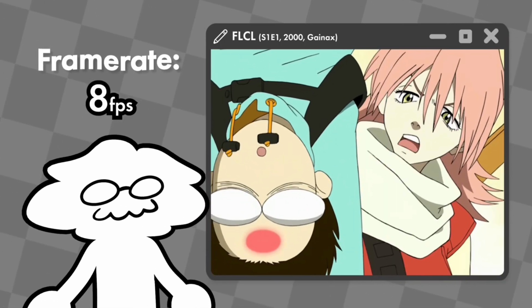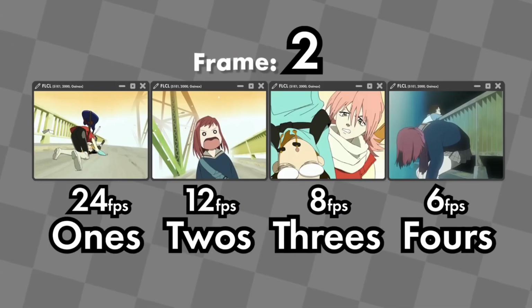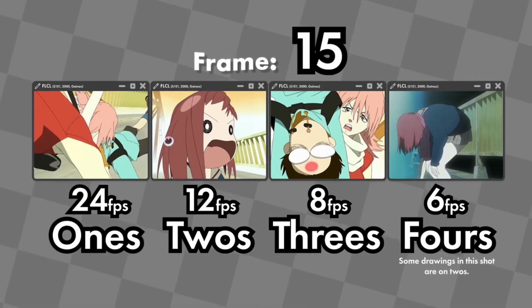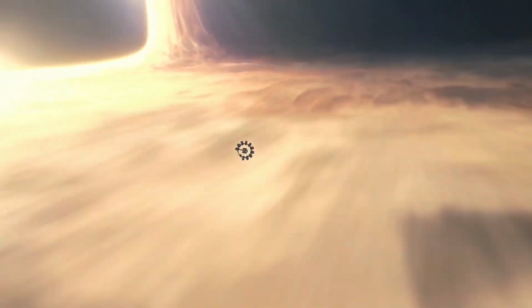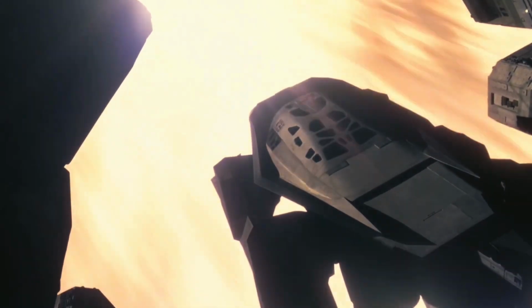Moving characters are usually shot on twos, which just means one image is shown for 2 frames, totaling in at 12 drawings per second. 12 frames per second allows for motion but may look choppy. In the film, a frame rate of 24 frames per second is often used for smooth motion.